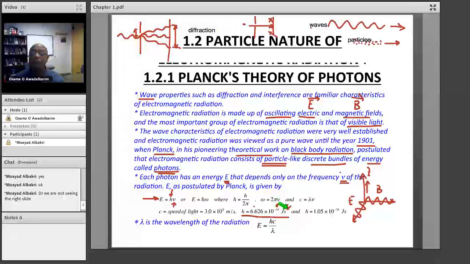So h is a constant, which is energy times time, but it's a very, very small constant, 10 to the minus 34 joule seconds. So when we multiply this constant h by the frequency, we get the energy of the photon, each single photon of electromagnetic radiation. So this energy of the photon is very, very, very small when we think about it in terms of joules.